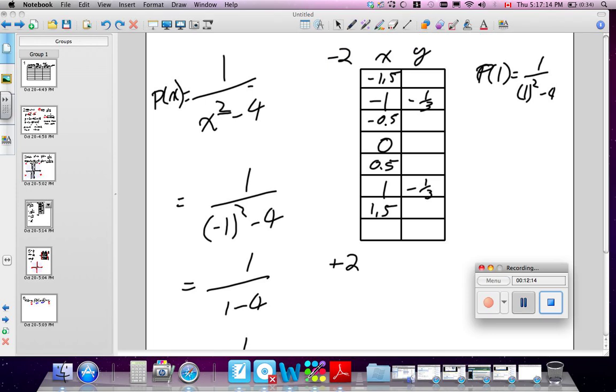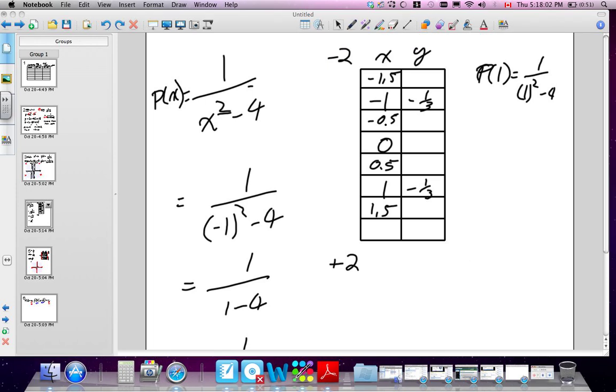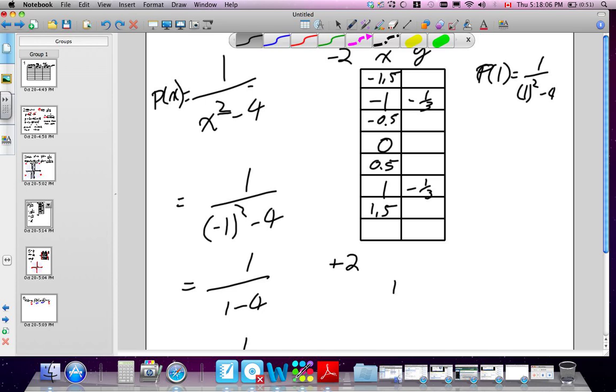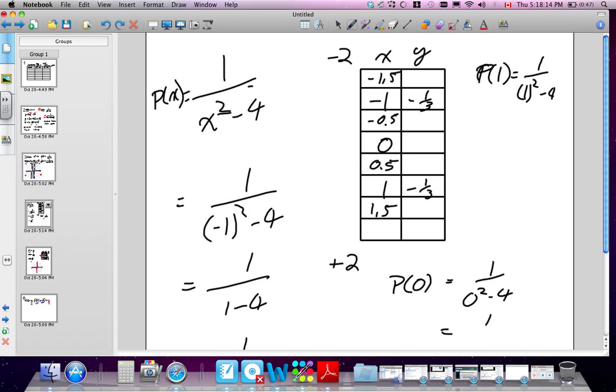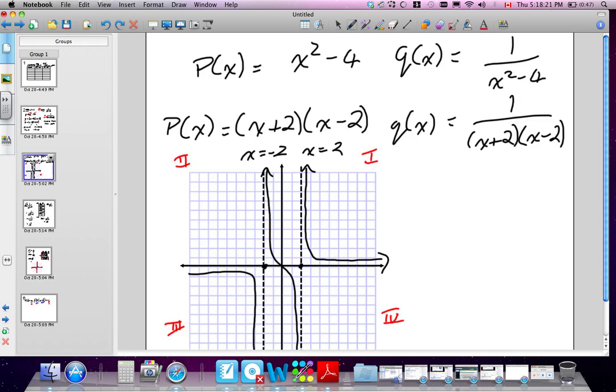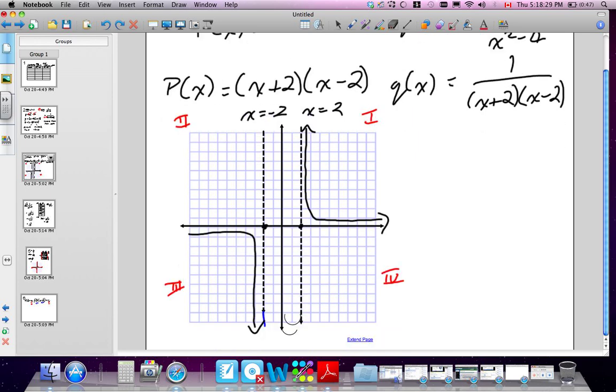Let's try 0. It'll be undefined at 0, right? Well, let's see. Wait, no, it'll be 1 over -4. So we're going to get 1 over 0 squared minus 4, which is 1 over -4. So let's get an idea. Let's try to plot those. We're going to get rid of what we've drawn to be tangents so far and see what we're likely going to get.